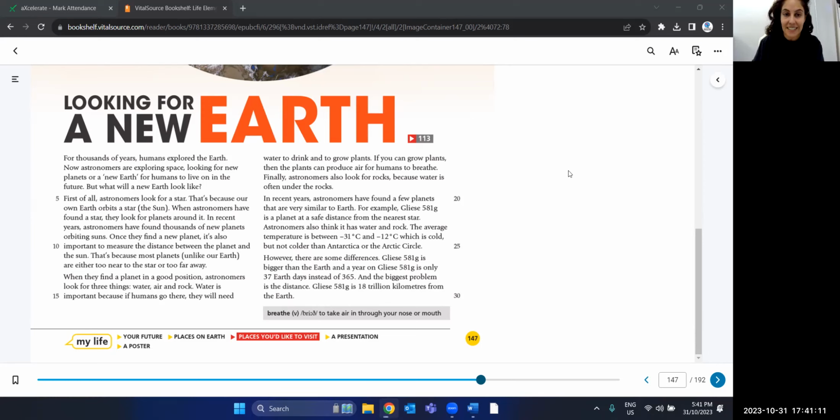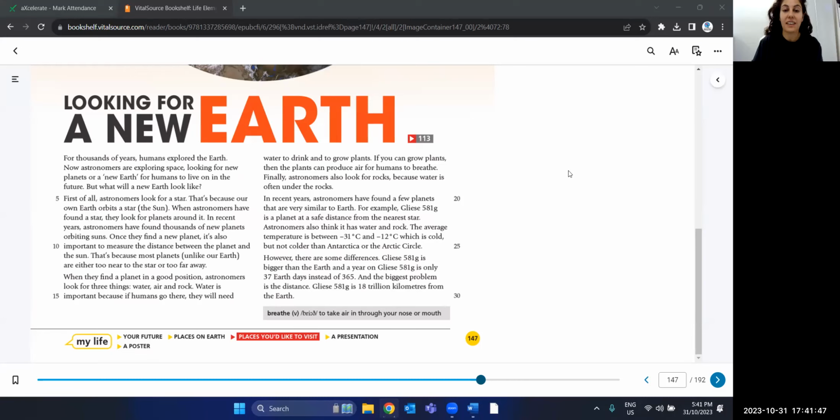In recent years, astronomers have found a few planets that are very similar to Earth. For example, Gliese 581g is a planet at a safe distance from the nearest star.